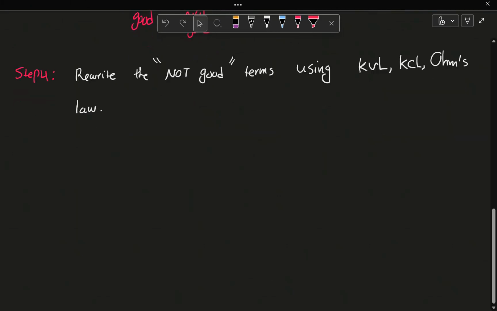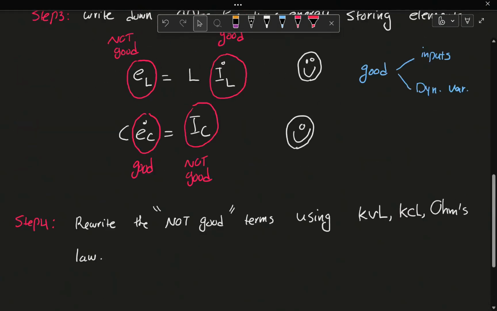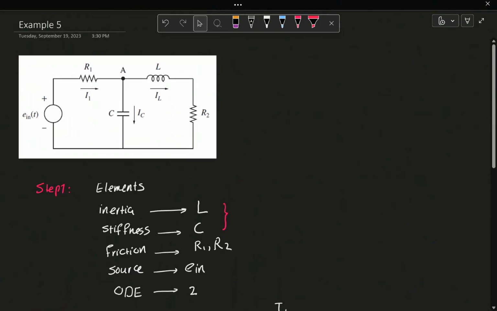Okay, at this point, we are ready to go, yes? Okay, so let's go back and look at the problem setup one more time, and I want to see what are my options for KVL, for KCL, and for Ohm's law.